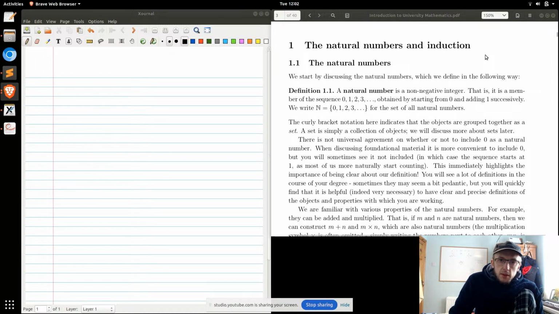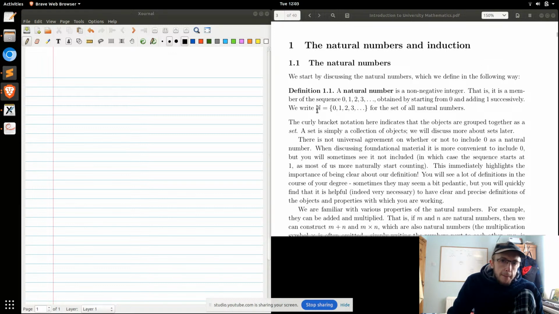For now, though, I'm going to start with natural numbers and induction. So, we start by discussing the natural numbers, which we define in the following way. A natural number is a non-negative integer. That is, it is a member of the sequence 0, 1, 2, 3, and so on, obtained by starting from 0 and adding 1 successively.